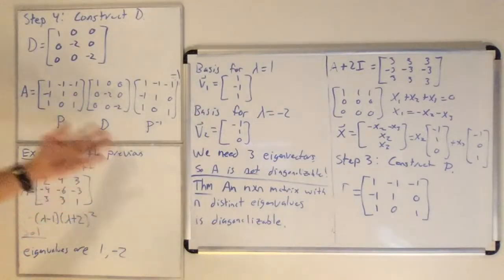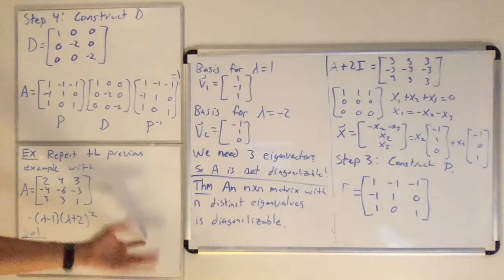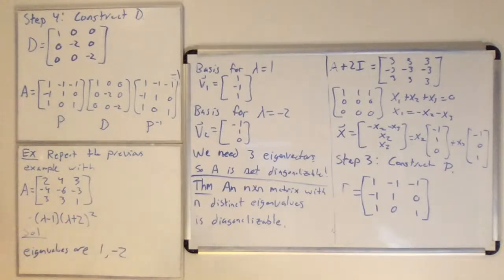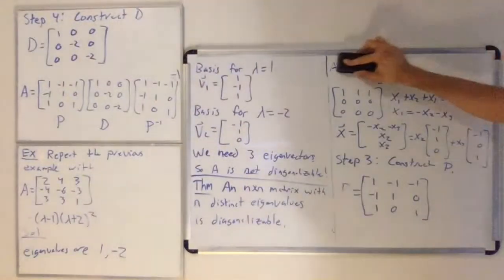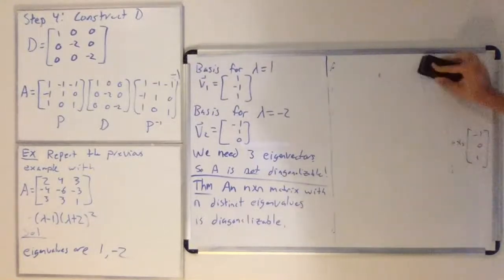So if we had 3 eigenvalues, we would automatically know that it's diagonalizable here. We wouldn't have to go through and find the eigenvectors. But if we wanted to diagonalize it, then we would need to find the eigenvectors. But if we're just testing if it is diagonalizable, we can just count eigenvalues in some cases.